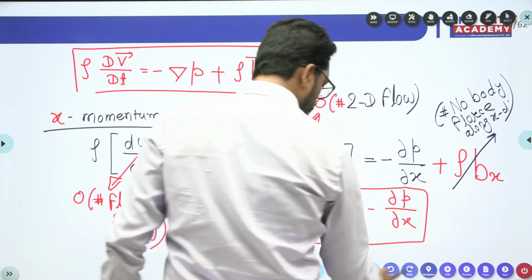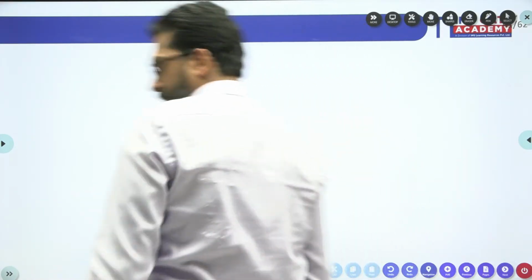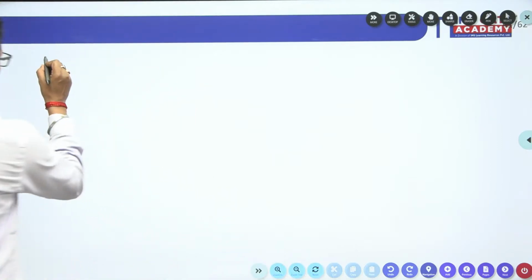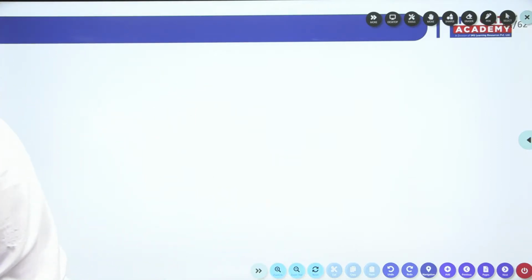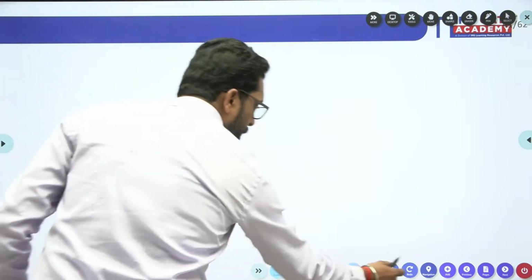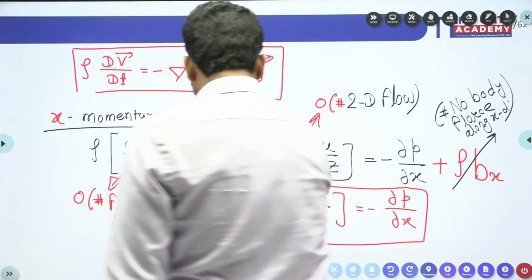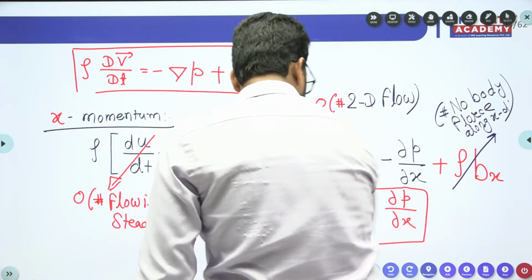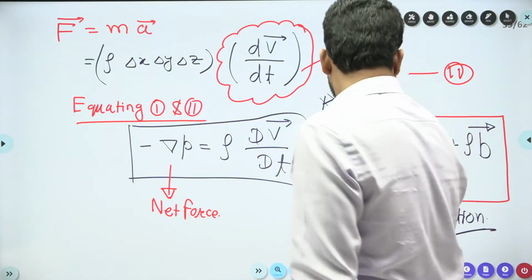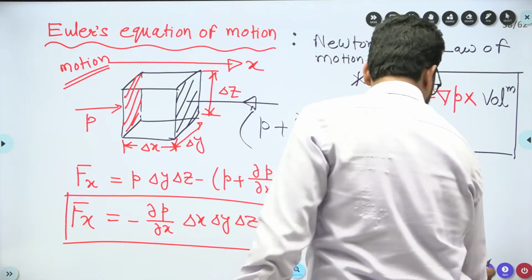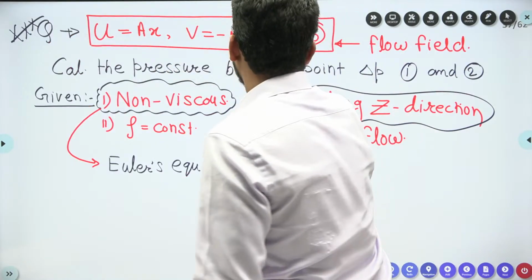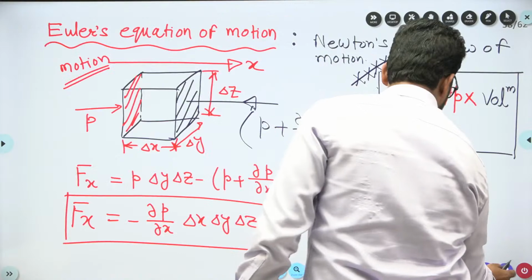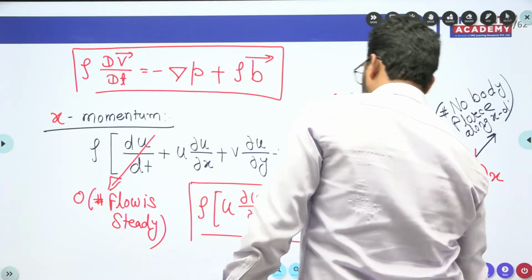Now, what is the y momentum? First of all, we may solve it, no problem. So if you put u, what is the u value? Put u ∂u/∂x here and we will calculate.